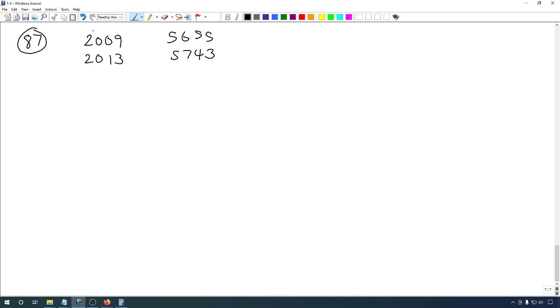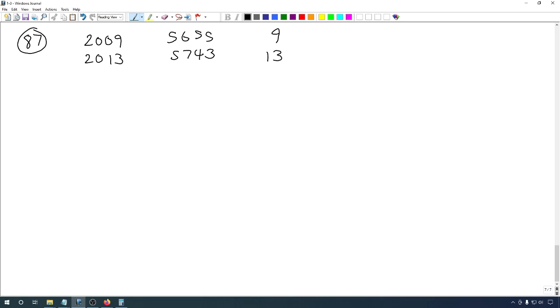So instead of using 2009, 2013, we're going to use 9 and 13 for our t values, just to make it a little easier for ourselves. We're changing the units to thousands here, and we're moving the 0 to make sure these are smaller, but it helps us out quite a bit.